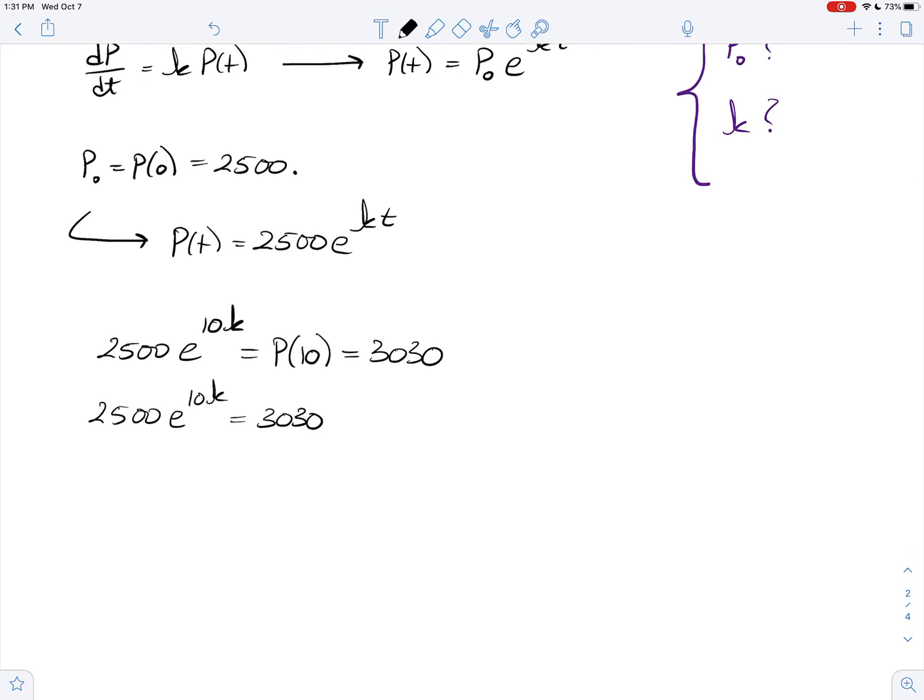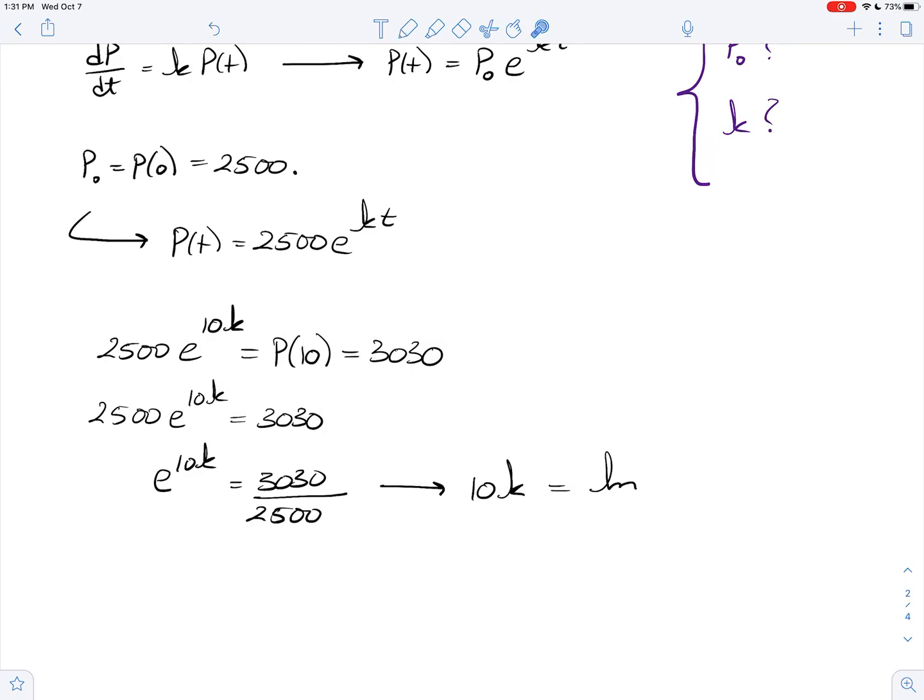Solving for k, this is something you can do just with basic algebra. So you get e to the 10k is 3030 over 2500. And so I'll take the natural log of both sides. The natural log of e to the 10k is just 10k, equals the natural log.